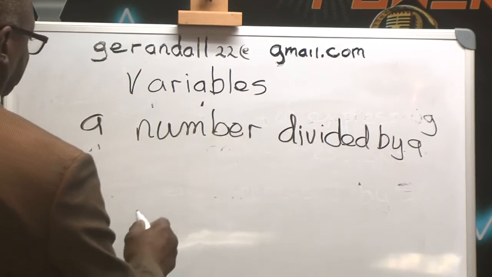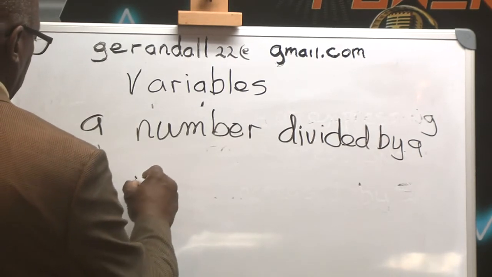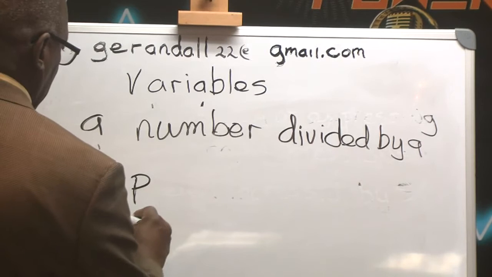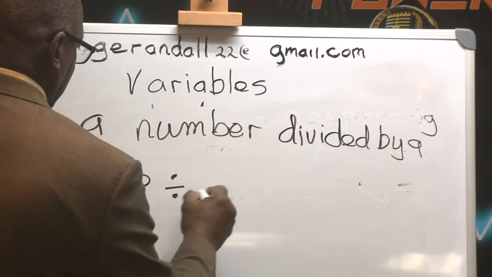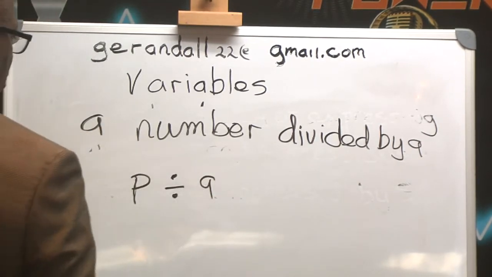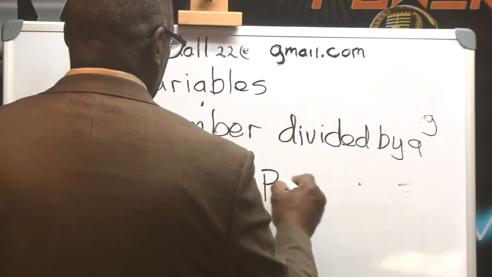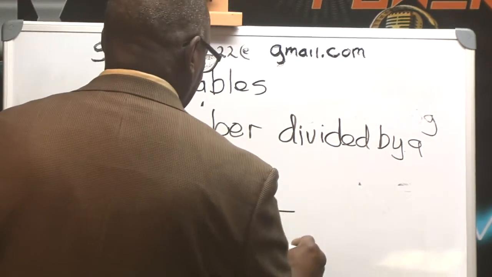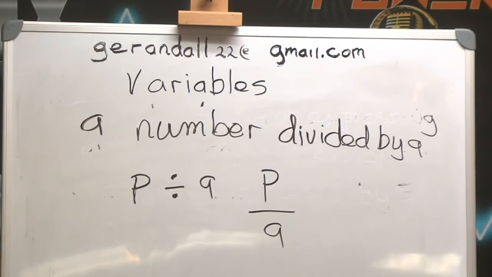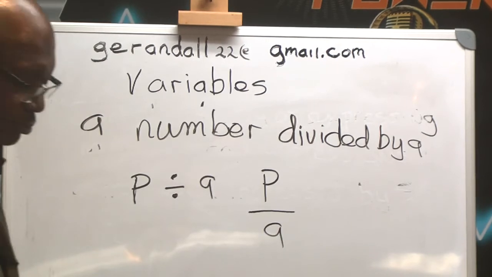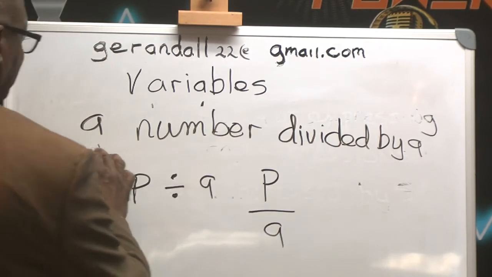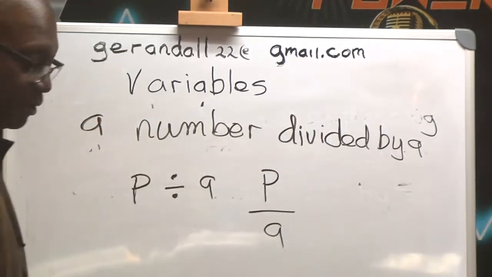And again, P. You can either do this or P divided by 9. Much easier than writing that out.